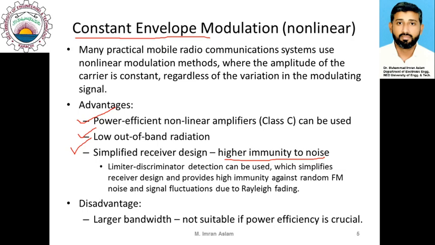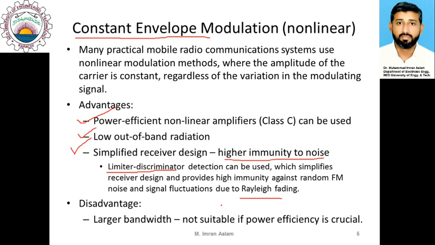So variation in the amplitude because of noise does not affect the information content in the signal, and those variations can be removed by using simple limiter discriminator circuits at the receiver side, and this provides good immunity against noise and signal fluctuations because of fading effects.